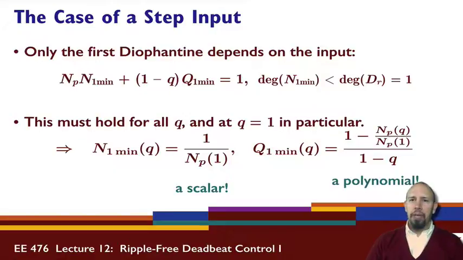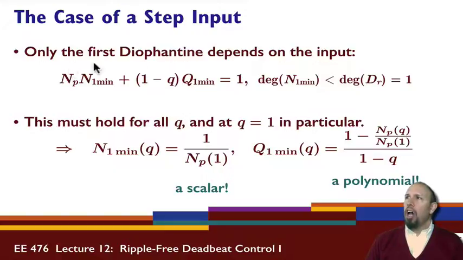So what about a step input? The step input is a very common kind of input. It's the kind of input we use, for example, with the PID controller and so forth. So do we get any simplification if we know that we're going to apply this to a step input? It turns out, yes, we actually do get a significant simplification. Let's take a look.